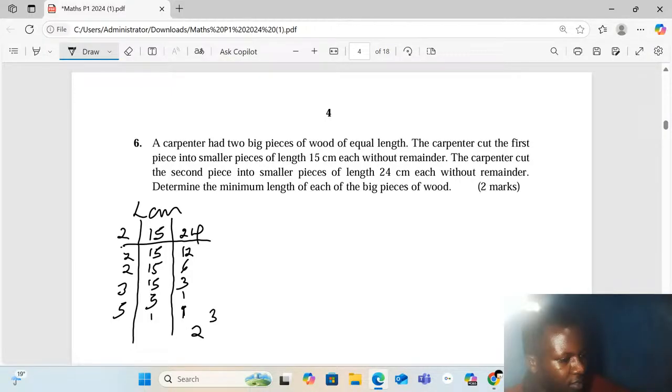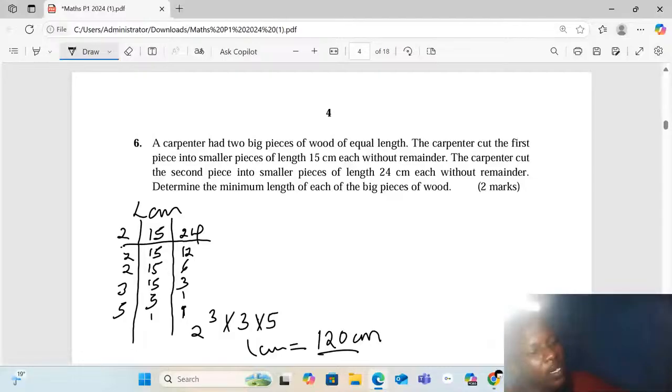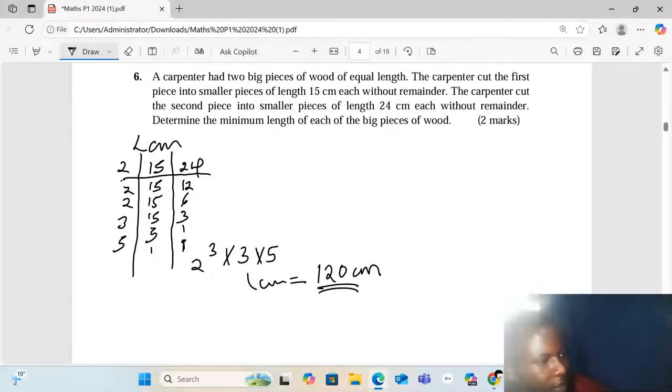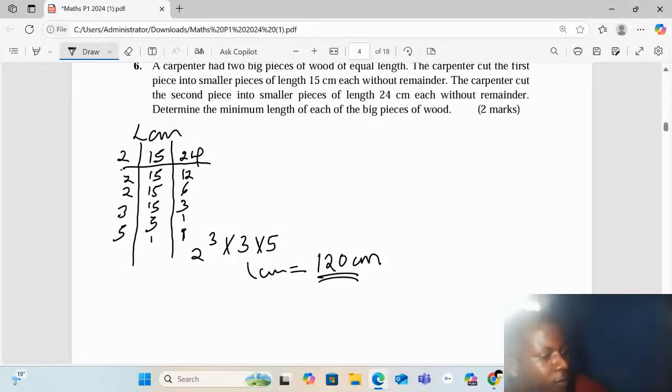Multiplying, that will be 2 power 3 times 3 times 5, which gives us 120 centimeters. That's the LCM of 15 and 24. Then you get your 2 marks. That's it.